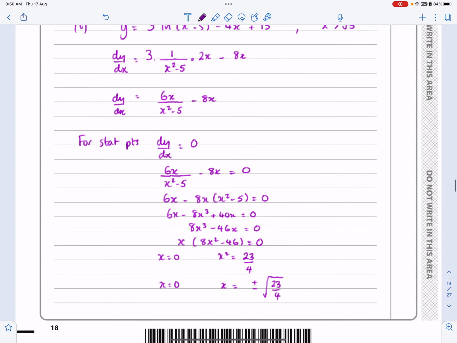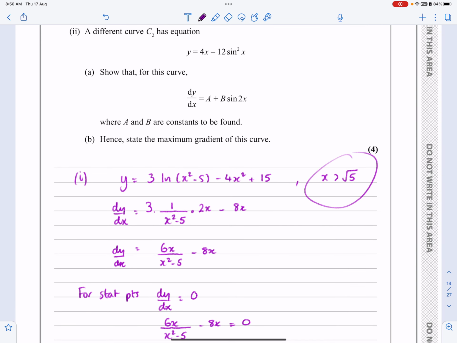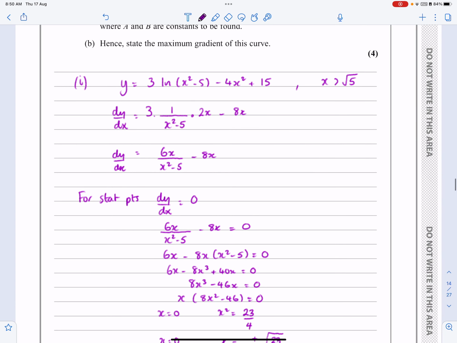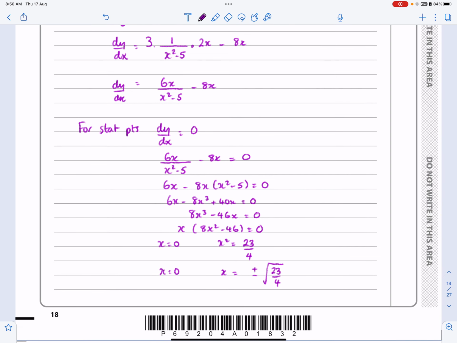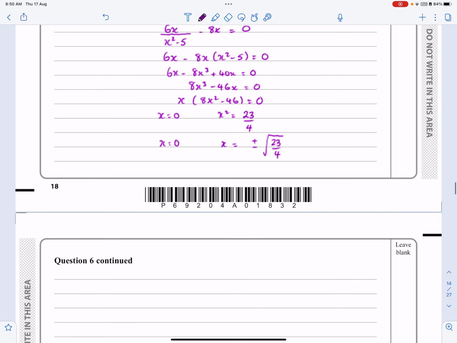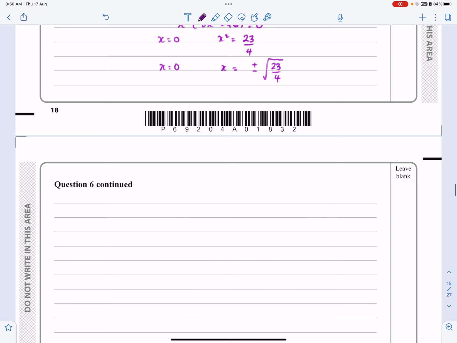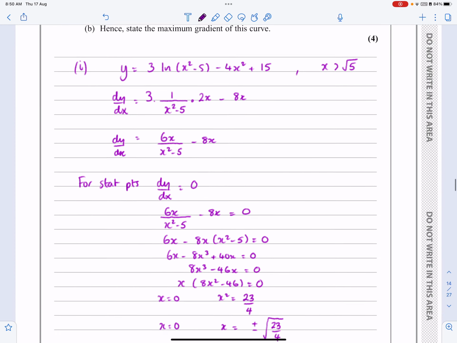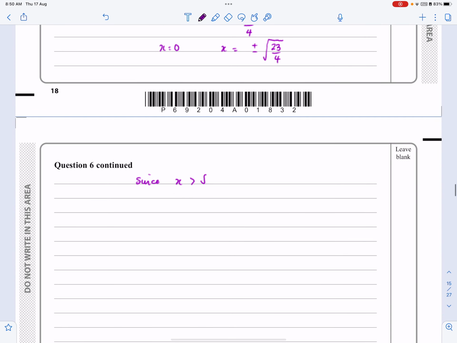If we then go back and remind ourselves that x has to be greater than root 5, let's say that since x has to be greater than, was it 5 or root 5? Greater than root 5, we get x is equal to root 23 over 2.